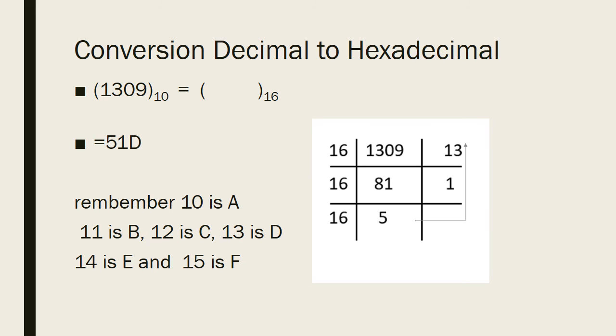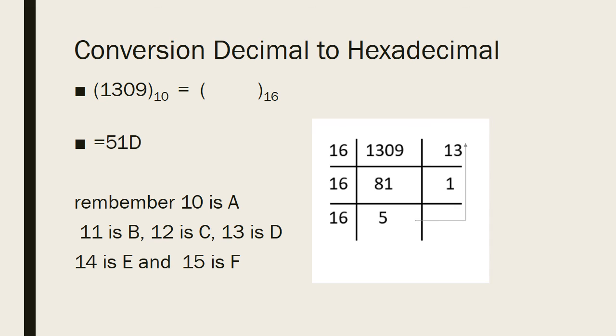Now read the number from down to top. We have 5, 1 and 13. You need to remember one small thing, that in the decimal number system we have 13, but in the hexadecimal number system we don't have 13. So instead of 13, we have to write its equivalent hexadecimal digit.